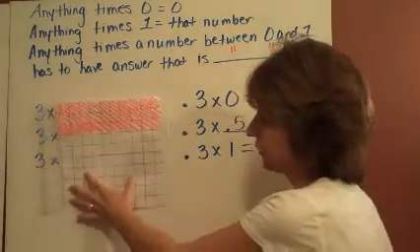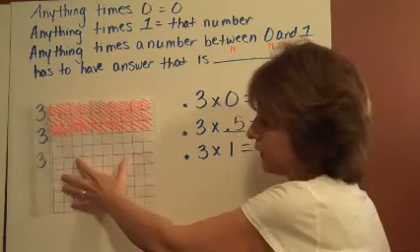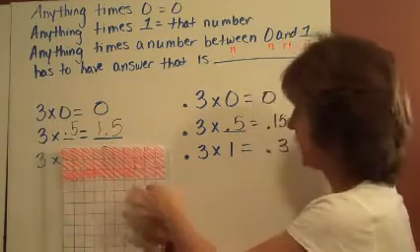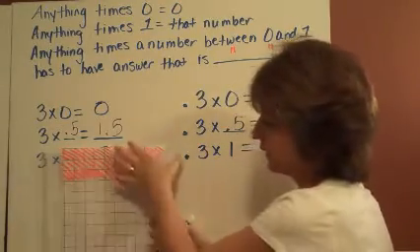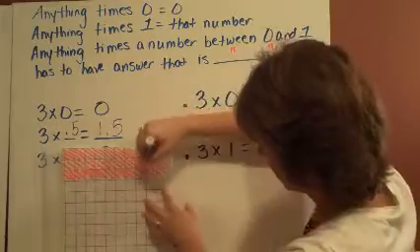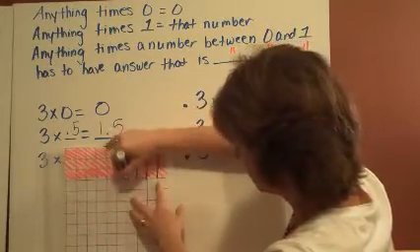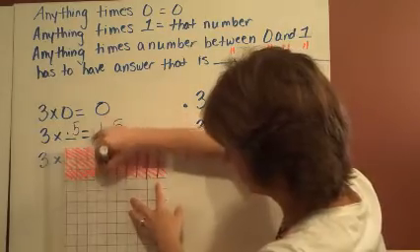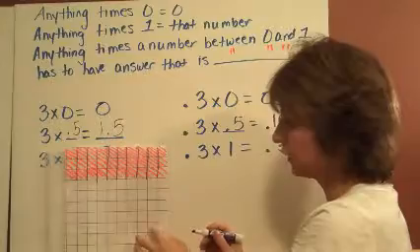This says 3/10. And if this represents 3/10 and I have to take 5/10 of it, I would have to break this into 10 parts. And I can do that like this. 3/10 broken into 10 parts.